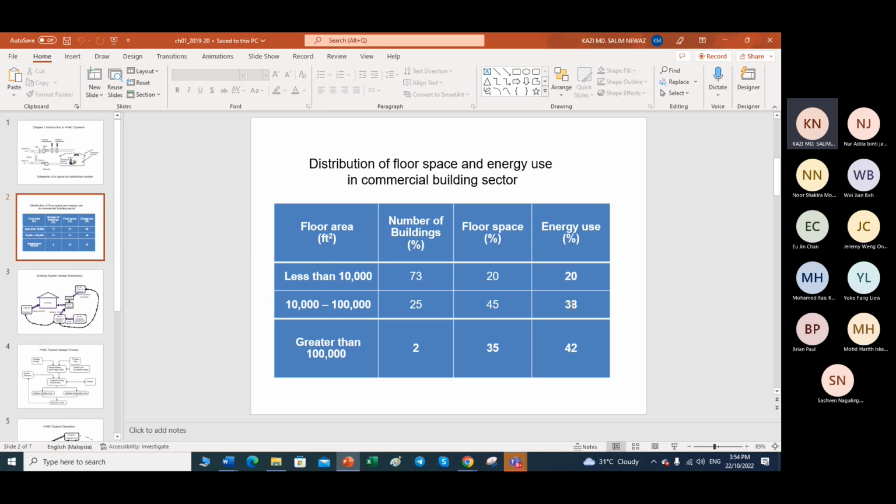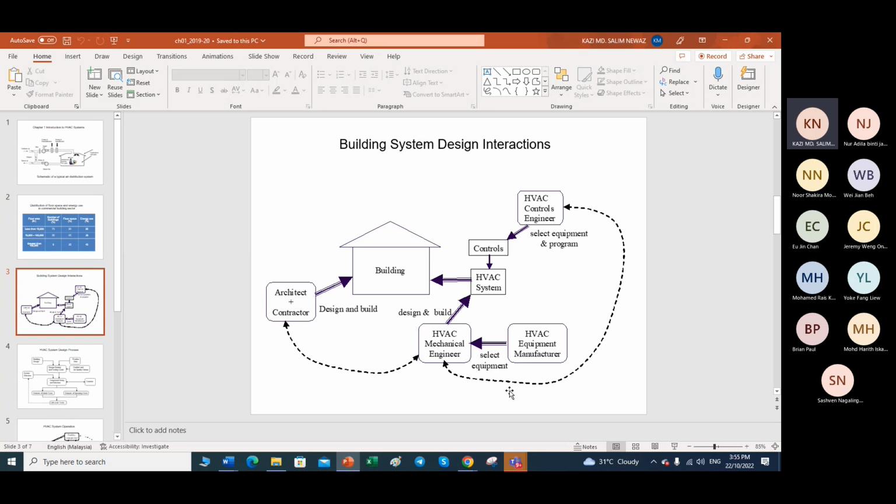The energy use increases, and if you go further up, the energy use goes up further. If we go greater than this, the energy use is 42%. If we remain within this, it is around 38%. So there is scope for optimization. That is the information we want to convey.